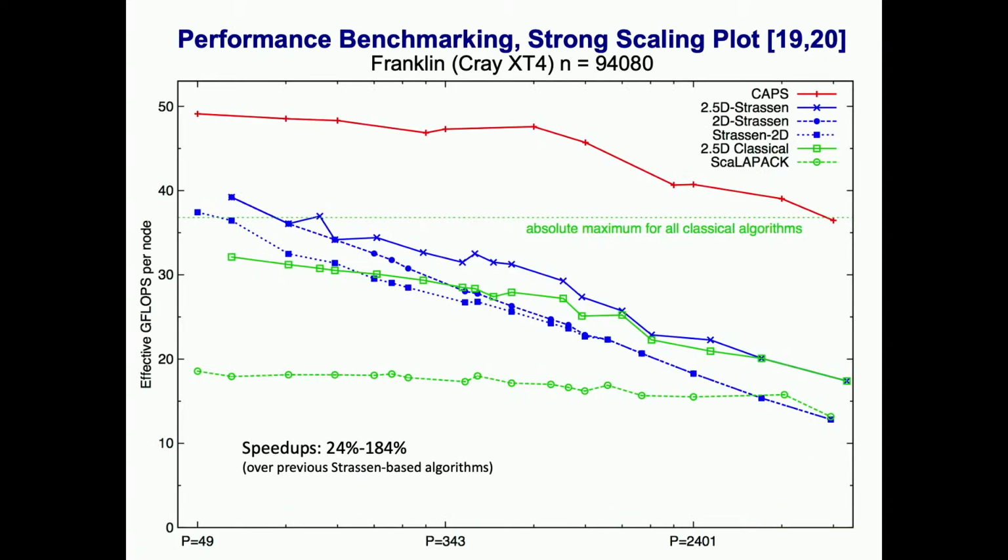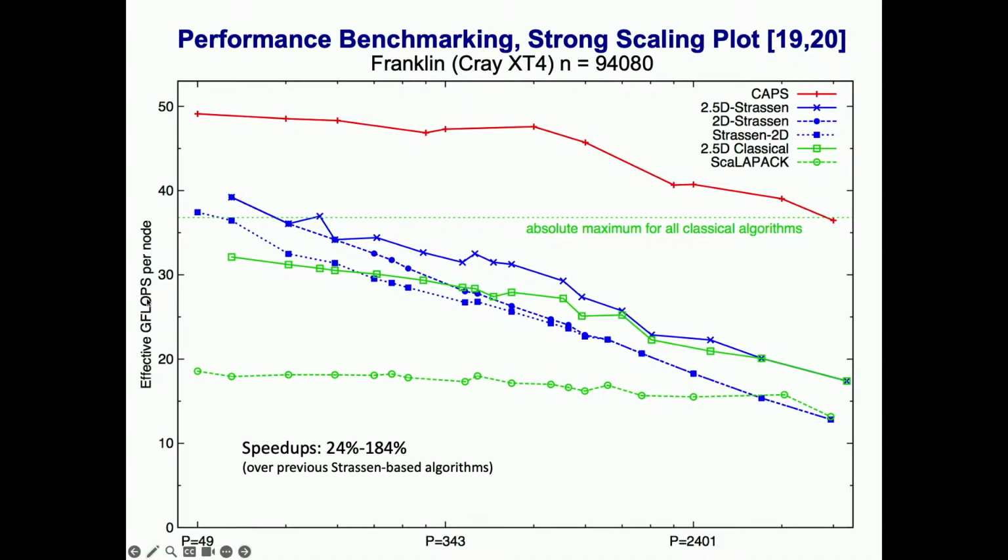Okay, so now what I'm doing is showing you some strong scaling for different flavors of parallel, both n-cubed and Strassen-like. This is a fixed matrix size of 94,000 square, so you need big matrices for Strassen to improve. And for number of processors ranging from 49, powers of 7, no surprise, Strassen, up to a much larger number of processors.